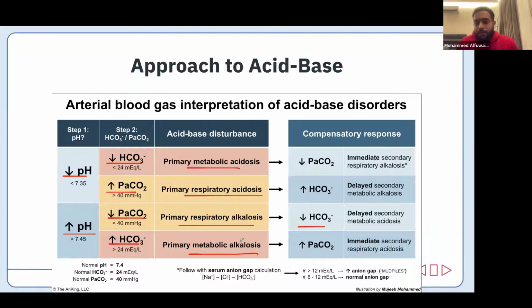What does this mean? For example, in metabolic acidosis, what should the response be? What is the compensation for metabolic acidosis? Respiratory alkalosis. If you don't have respiratory alkalosis and you have respiratory acidosis, this is what we call a concomitant disorder.